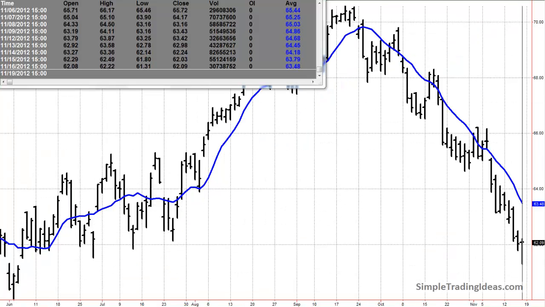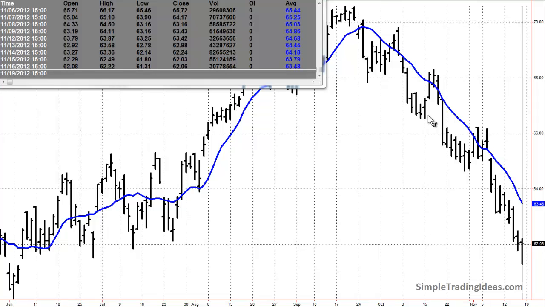Okay, here we are looking at some more recent prices, and in our data window we can see our moving average changing as the price changes here. It's dropping. You can see it's starting at 65 going down here, and in this particular case we're looking at a 10-period moving average. And the 10-period moving average in this particular case is a 10-day moving average as we're looking at a daily chart.